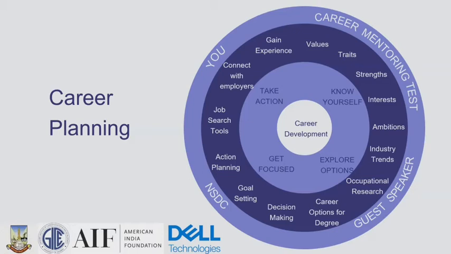Okay, thank you. So, career development has four main aspects, as you can see on your screen. First is self assessment, to know yourself. What do you like, where is your interest, what are your strengths, what is your ambition. Then next comes exploring. Once you have done self assessment, then you can move ahead with exploring what are the options.